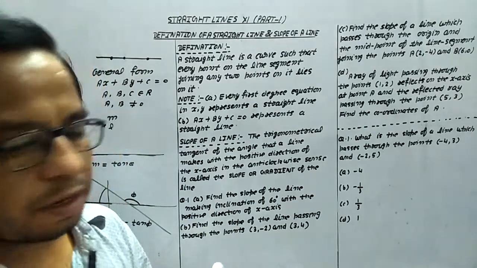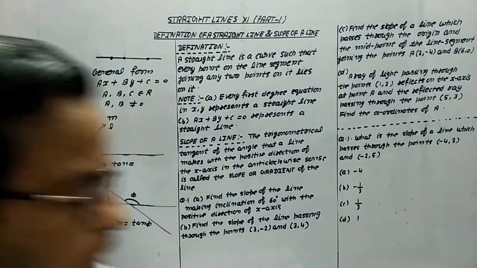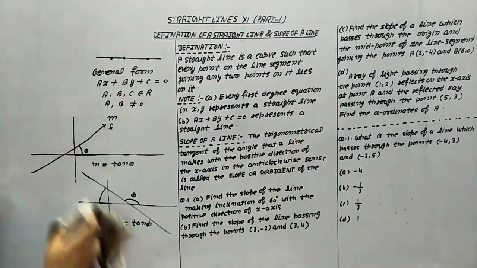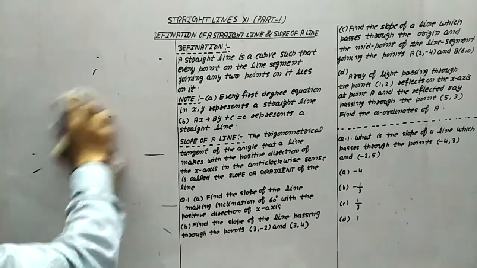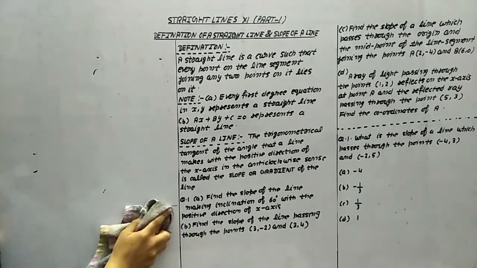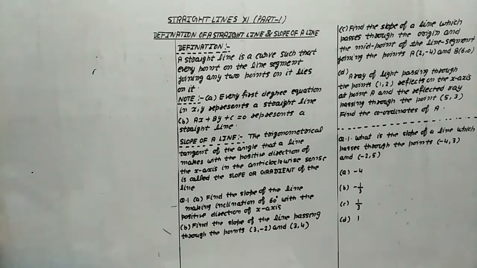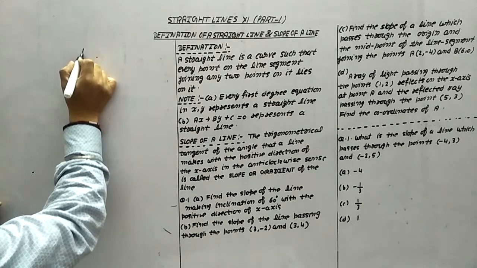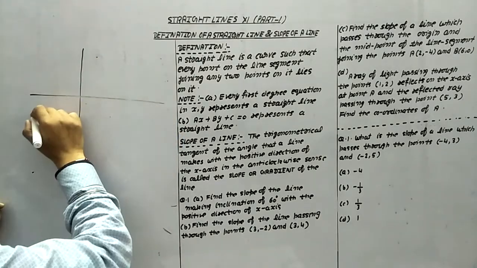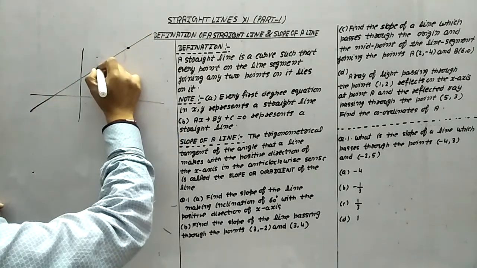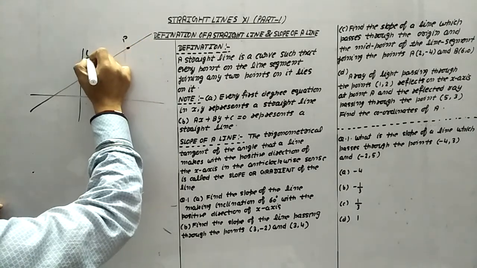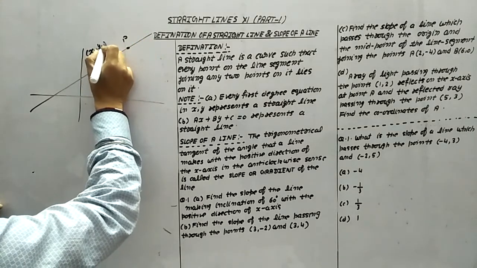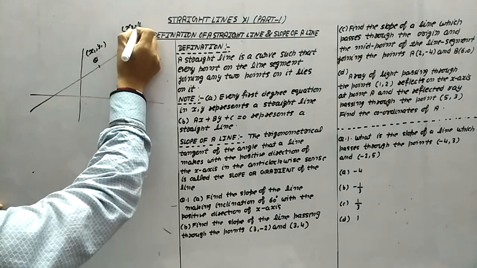Now there is another way to find the slope of a line: when it is passing through two given points. How will we find it? Let us suppose we have this Cartesian plane and this is the line passing through the points P and Q. This is (x1, y1) and this point is (x2, y2).